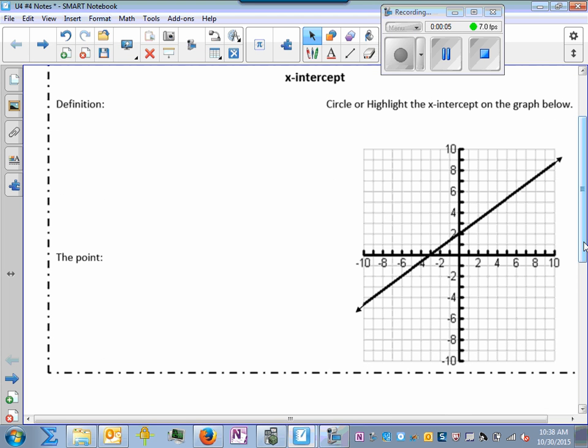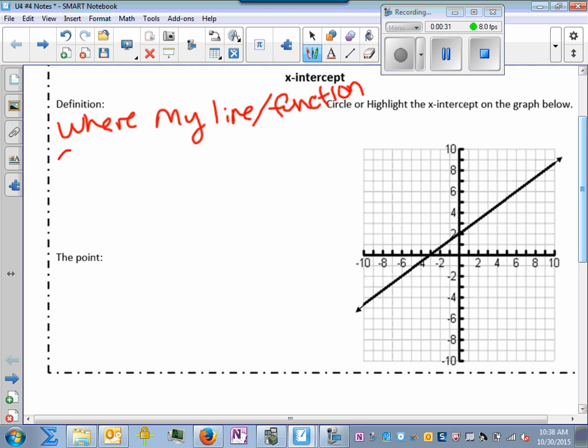So, when I find, oh, I'm talking about my x-intercept, who thinks they know what that is? The line goes across the x-axis. Perfect. So, it is where my line, or another word for my line, the real term is a function, goes through, you could also say crosses, or the correct term is intersect.